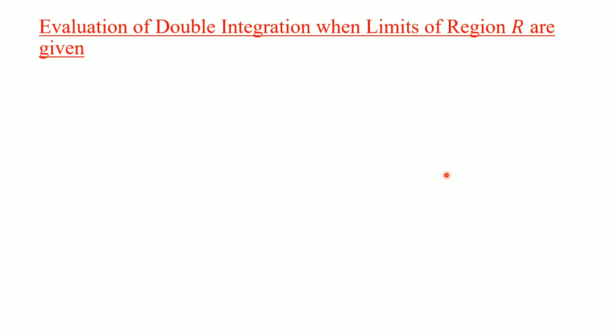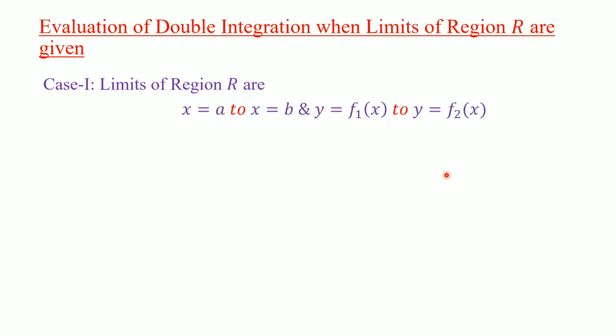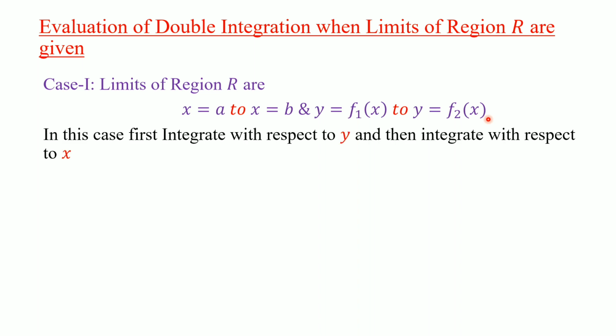Now there are again three subcases. So first case is if limits of region R are of this form, where x varies from a to b and y varies from f1(x) to f2(x). That means limits of x are constants and limits of y are functions of x. So in this case, we first integrate with respect to y by keeping x constant, and then we integrate with respect to x.